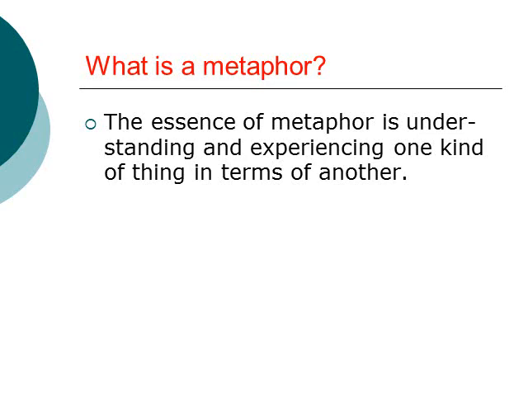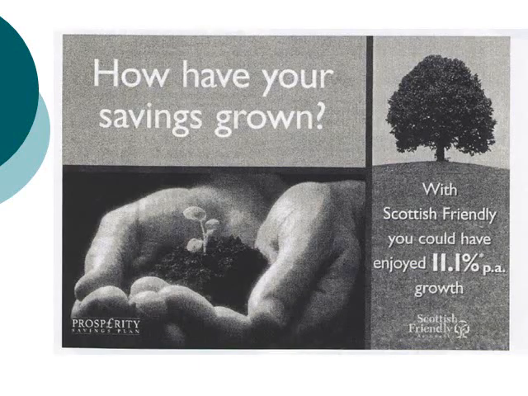Now, metaphors are commonly found in ads, like the one we have here. Of course, the metaphor is in how have your savings grown? So one's savings or money is compared to a plant or a tree that one grows. Let's check together some visual metaphors in ads.